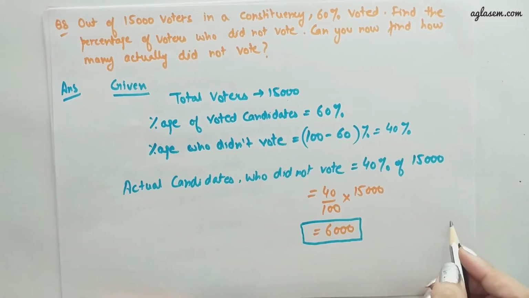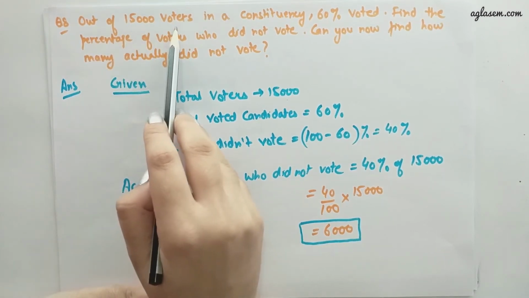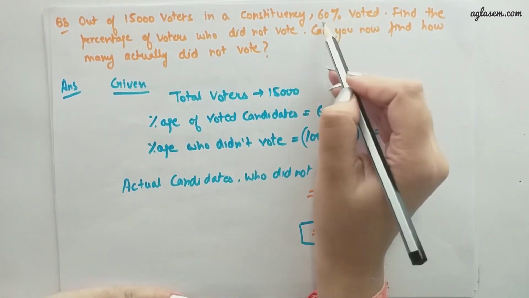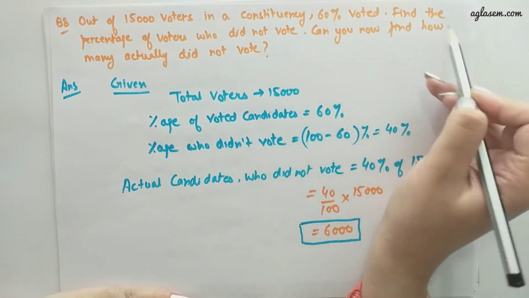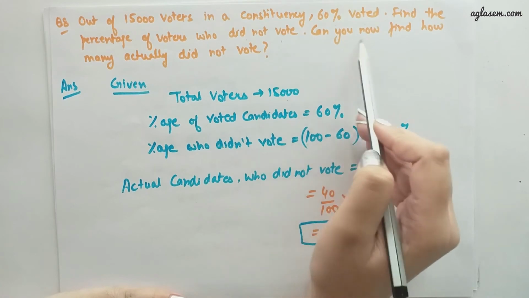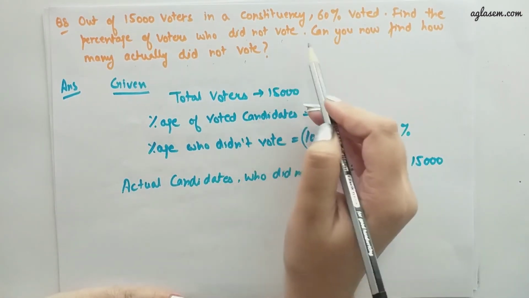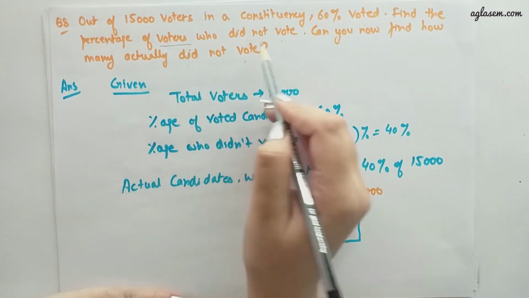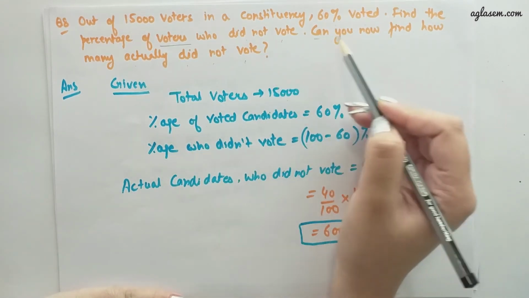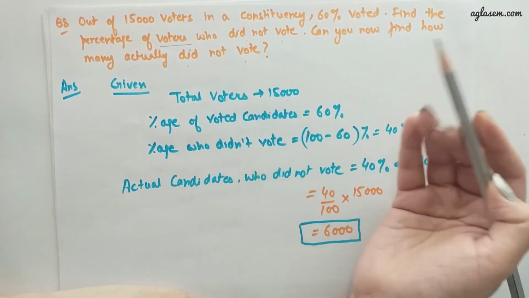Now the 8th question says that out of 15,000 voters in a constituency, 60% voted. Find the percentage of voters who did not vote. Can you now find how many actually did not vote? So firstly we have to find the percentage of the voters who did not vote, and in this part we have to find out the number of voters who did not vote.